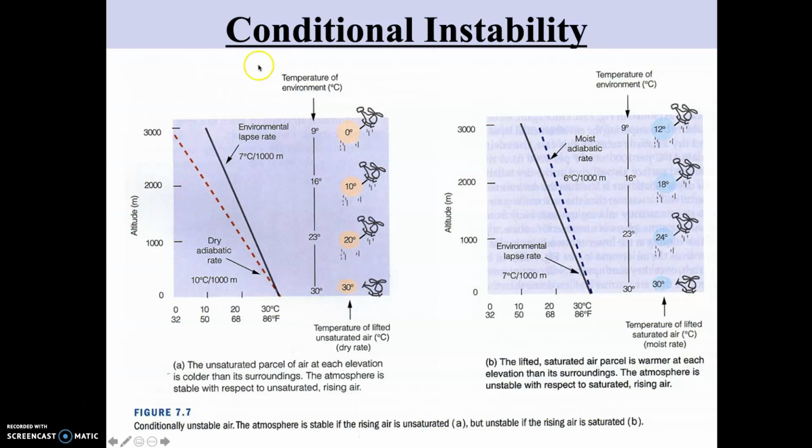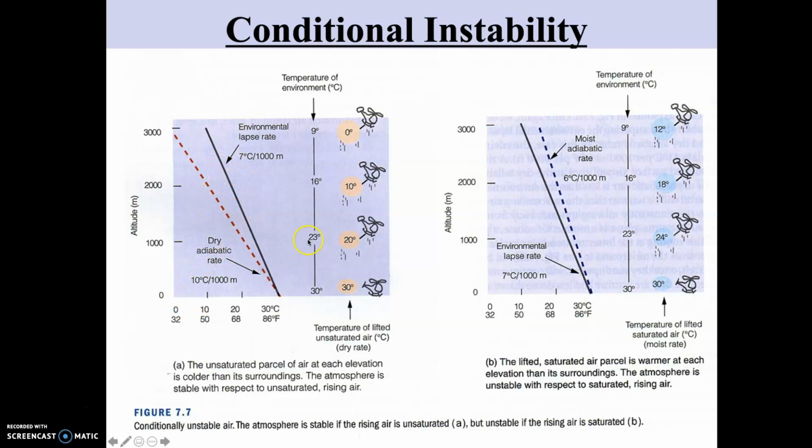The more common form of instability is conditional instability, and that's where it is stable for a dry parcel, and unstable for a moist parcel. So consider an environmental lapse rate of 7 degrees Celsius per kilometer.